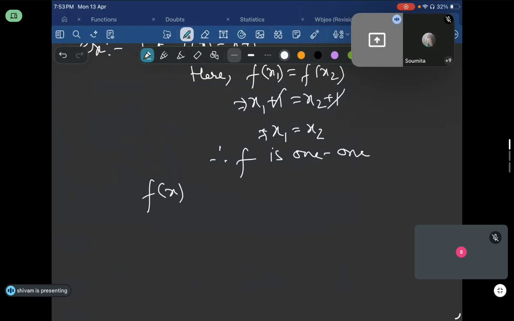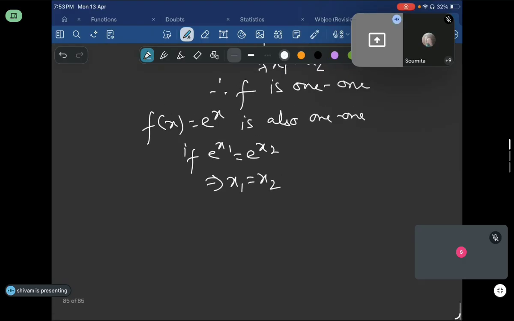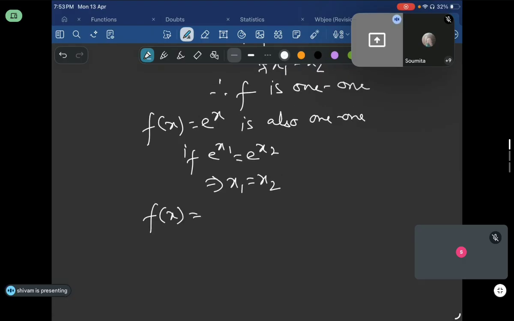What do you think? f of x is equal to e to the power x. Is it one-one? It's also one-one. Why? If e to the power x1 is equal to e to the power x2, then this is only possible when x1 is equal to x2. Next, f of x equal to x cube.